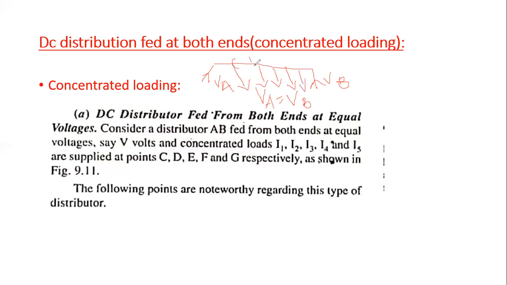That is, at C, D, E, F and G, the load currents are I1, I2, I3, I4 and I5.